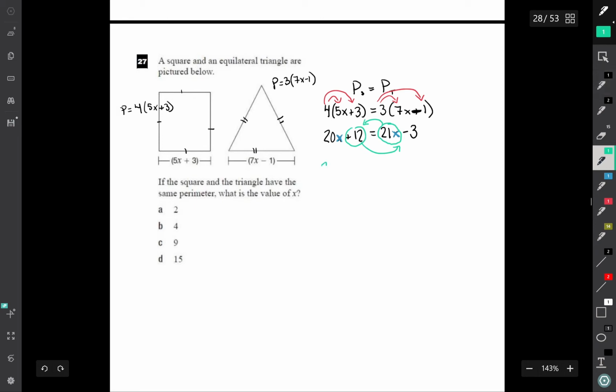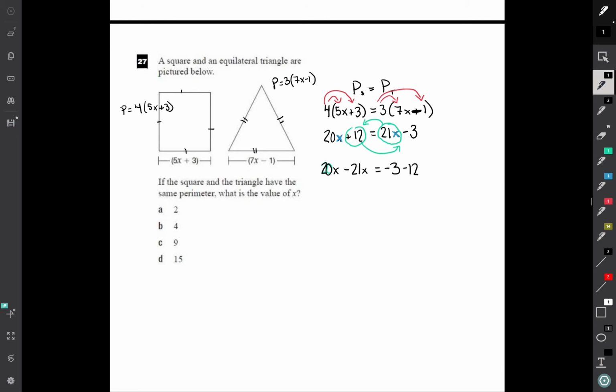So then I have 20x minus 21x is equal to negative 3 minus 12. Simplifying, I get negative 1x is equal to negative 15. Dividing both sides by negative 1, I have x all alone, and x is equal to 15.